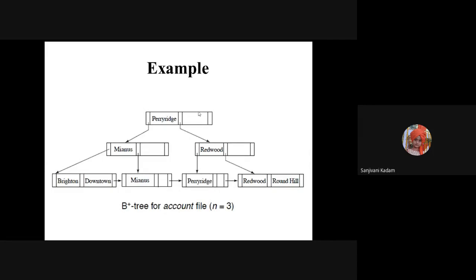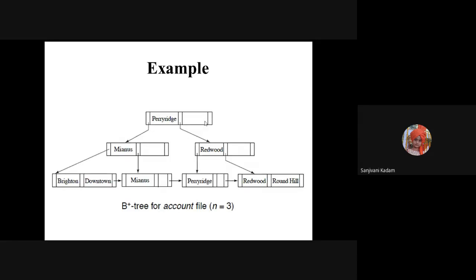So the first statement says that we should search for the largest value which is less than k. Right now k is my Redwood. So I will start searching from the root node. At the root node, we will check whether Perryridge is less than Redwood. Right now this is less, so we move to the next key value. But the next key value doesn't exist.